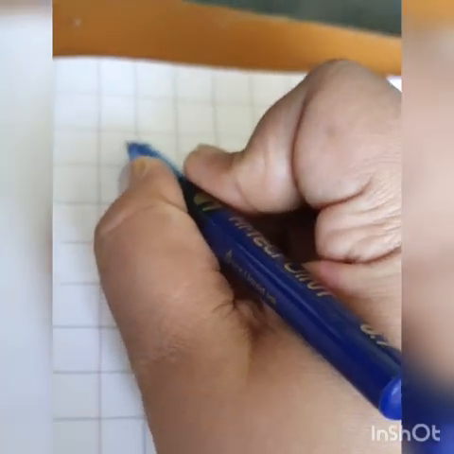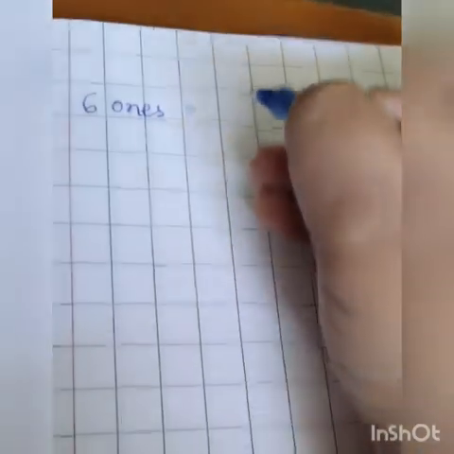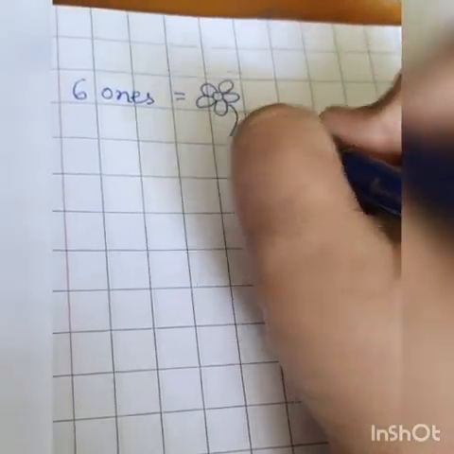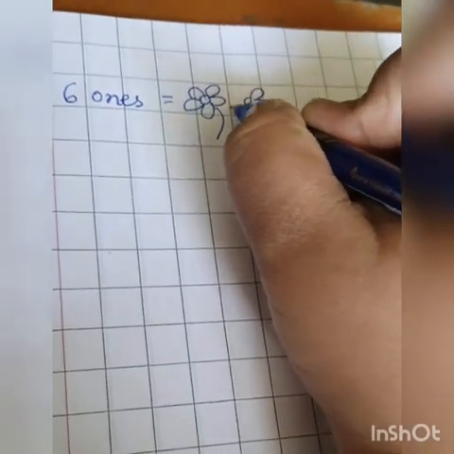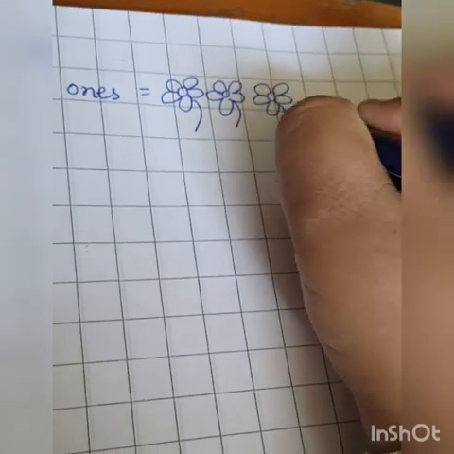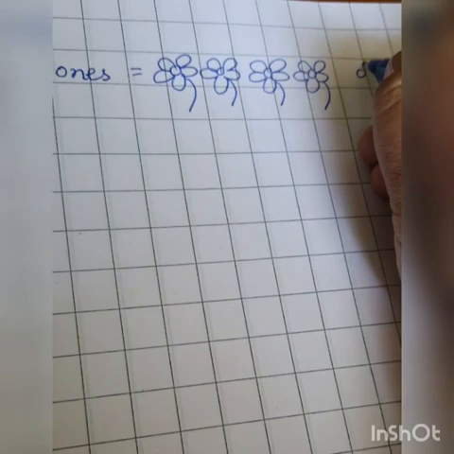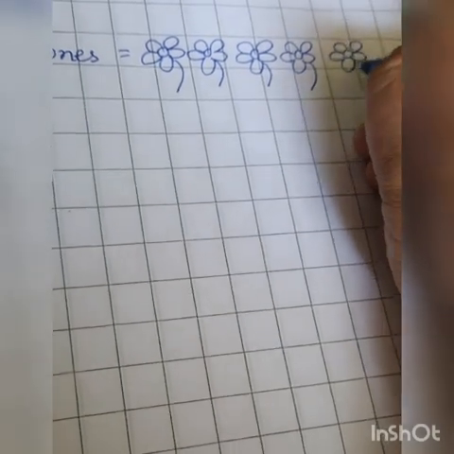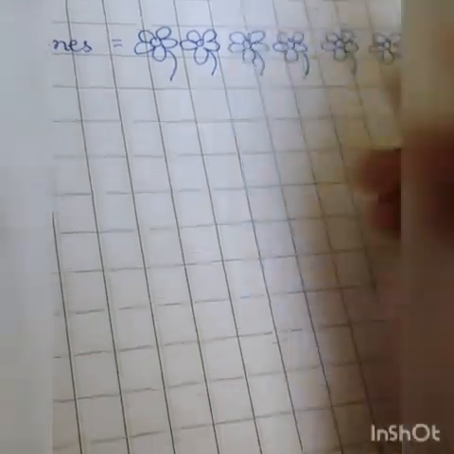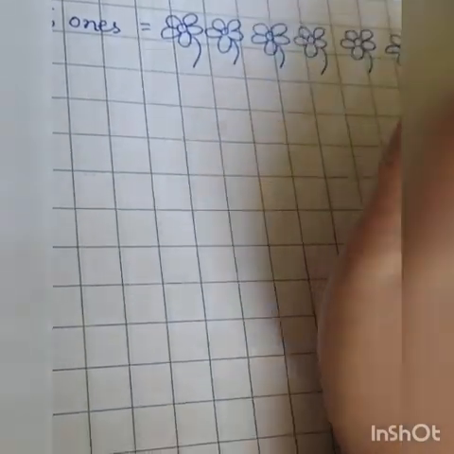So do you know 6 ones means how many flowers? Good. 6 flowers. 1 flower, 2 flower, 3 flower, 4 flower, 5 flower, and 6 flower. So 6 ones, 6 flowers.